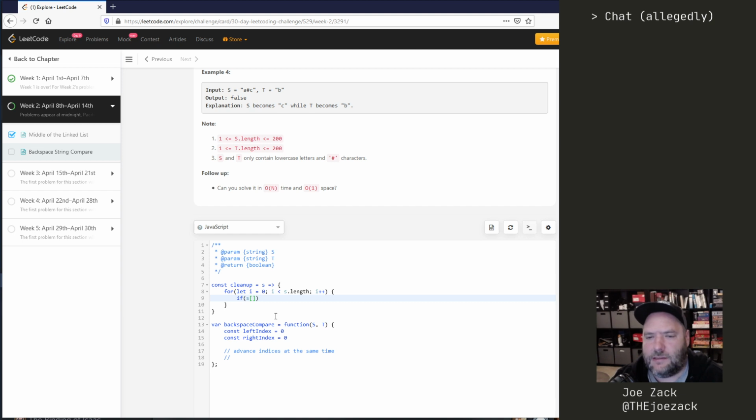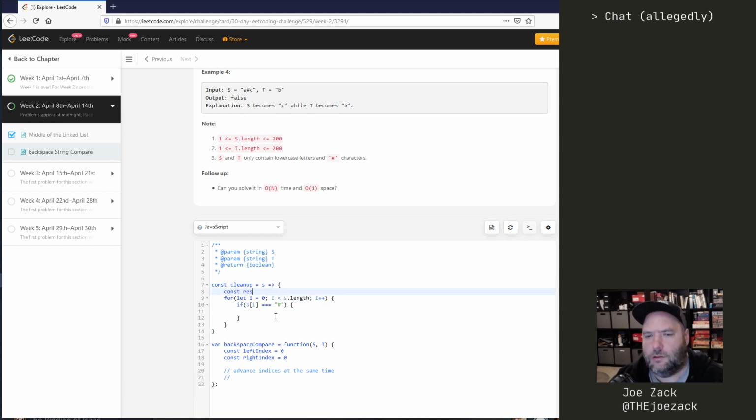Alright, so if S at I is equal to the backspace character, const result equals, then it's basically result dot pop. So we'll basically treat this like a stack.